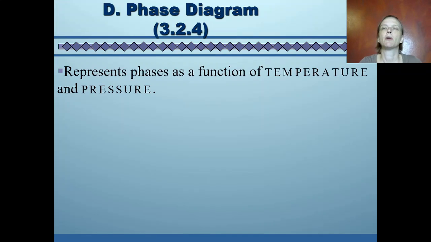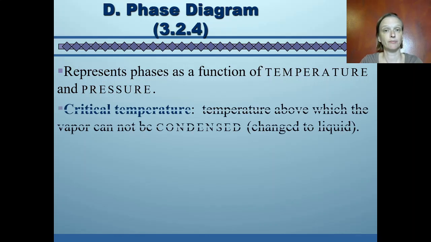So let's look at those parts again. I just talked you through the graph, but let's get those definitions written down. A phase diagram represents the different phases, solid, liquid, gas, as a function of temperature and pressure. The critical temperature is a temperature above which the vapor cannot be condensed. It cannot be changed to a liquid. It has to be a gas.